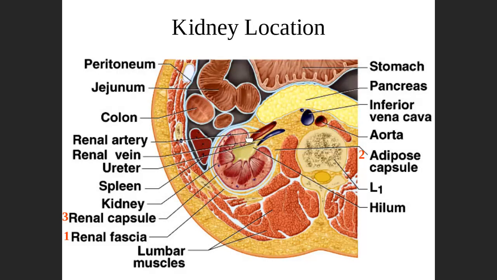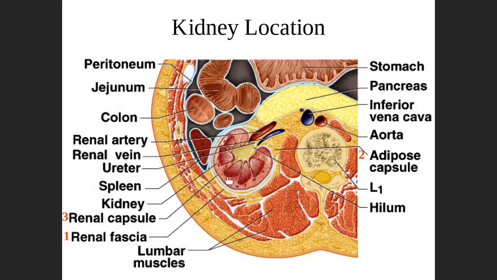Typically there are several layers that surround the kidney. There's a membrane called the renal fascia, which helps it sit in place, and under the renal fascia is adipose tissue, which is the second layer, and then you have the capsule, which is the third layer.